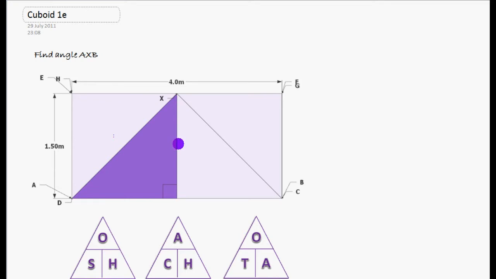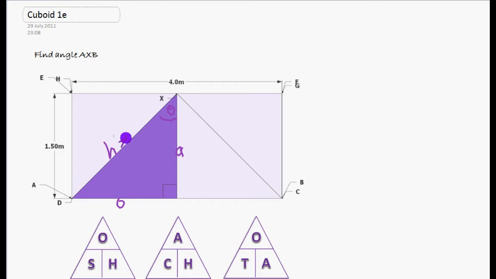So let's label up our triangle. Well, here's our angle that we're going to deal with. We'll call that theta, the angle. So this is our adjacent, this is our opposite, and this is our hypotenuse. Now earlier we used the tan. What I'm going to do now to find this angle is use two different values.